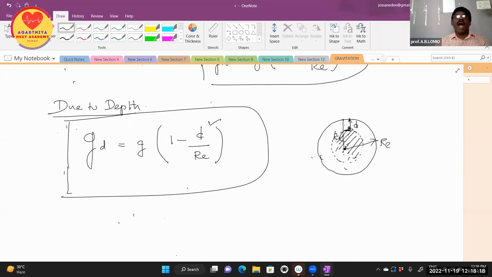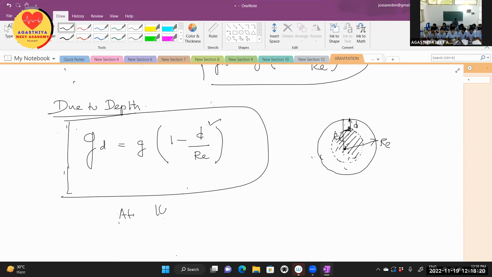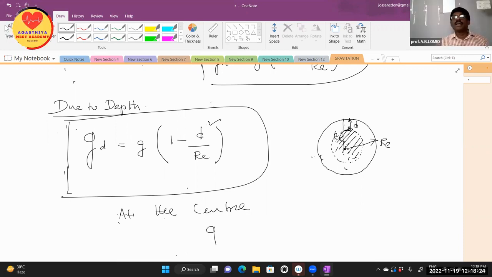Therefore, at the center, the acceleration due to gravity is 0. That is, at the center the depth from the surface is equal to RE.